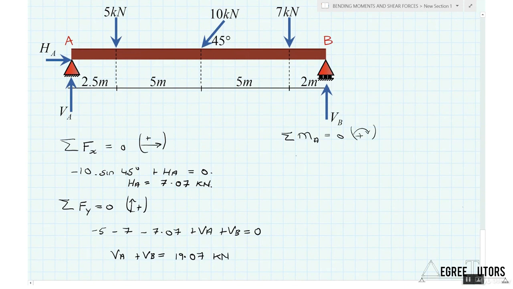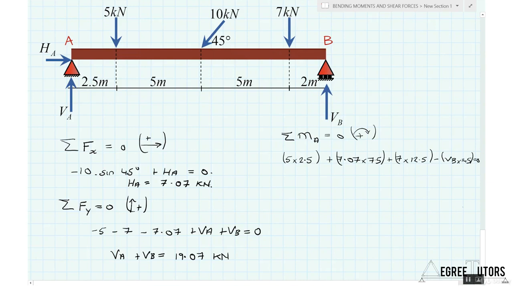We've got the 5 kilonewtons times a lever arm of 2.5 meters, which generates a clockwise positive moment about point A, plus the vertical component of the 10, which is 7.07, times its lever arm of 7.5, plus the 7 kilonewtons times its lever arm of 12.5, minus VB times its lever arm of 14.5. All of that must equal 0.